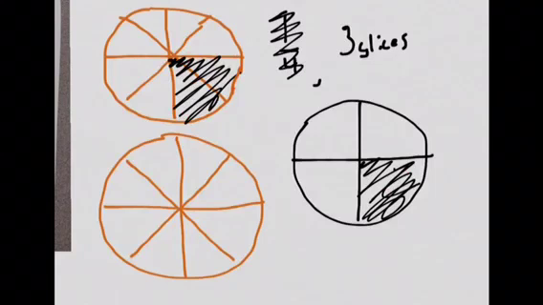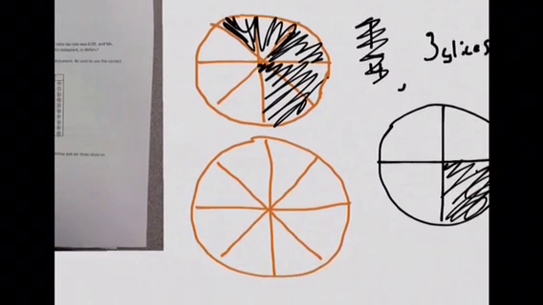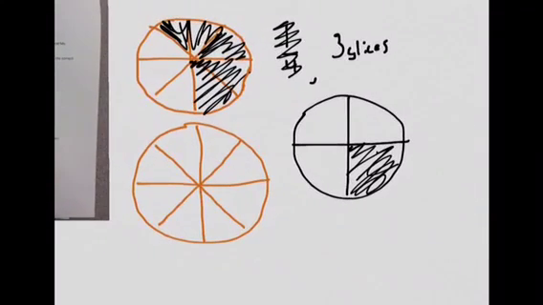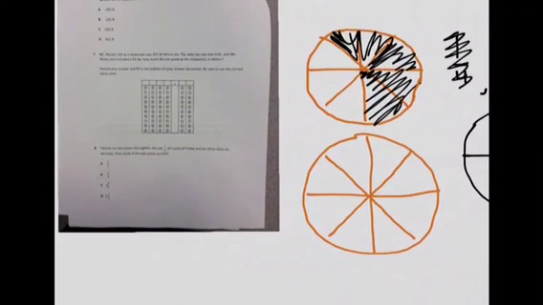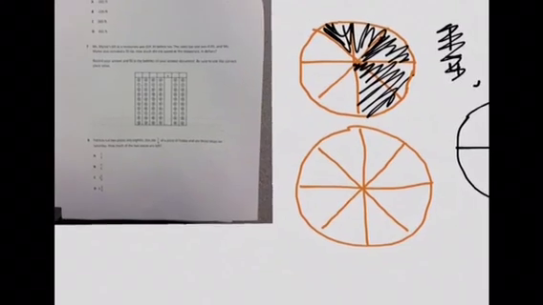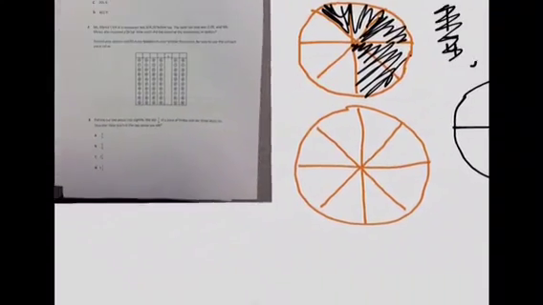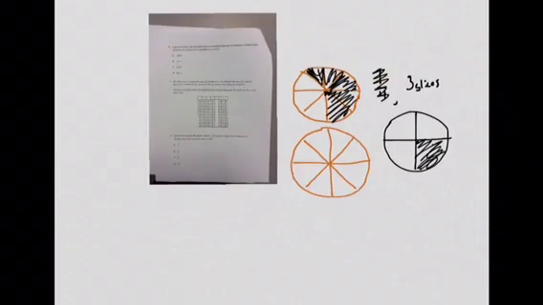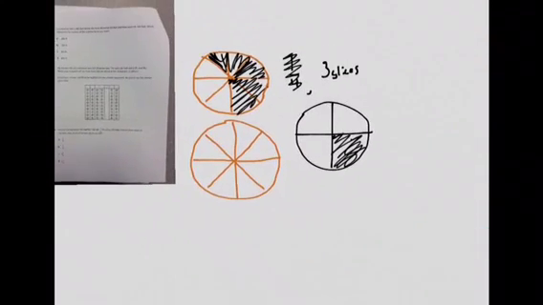We just ate 1/4 of the pizza, and now we'll eat 3 slices. So there's 1, 2, and 3. Okay, so I just actually modeled how this problem works. I want to model one more different type of problem.